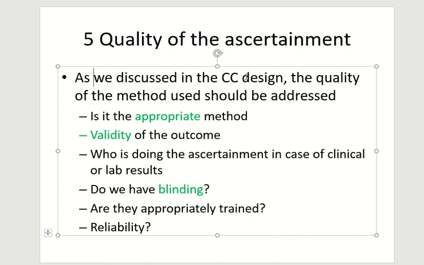I have to use the appropriate way. Or, for example, to figure out if somebody had a heart event, is an ECG enough? Or is there something that, according to the guideline, I should follow? Okay, so you need to think about what you're doing so that you make sure you're actually using the appropriate method.